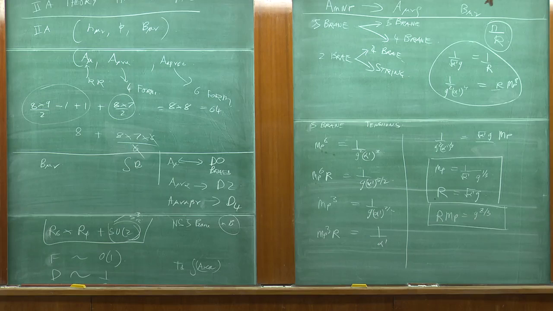Now, at weak coupling, the fundamental string is therefore much lighter than the D string. So the fundamental string is the fundamental object that moves around, whereas the D string is some heavy solitonic object. On the other hand, if you take G to infinity, roles are reversed. The D string is much lighter than the fundamental string, so that becomes the object that moves around. So in the S-dual description, the roles of fundamental and D strings are flipped.